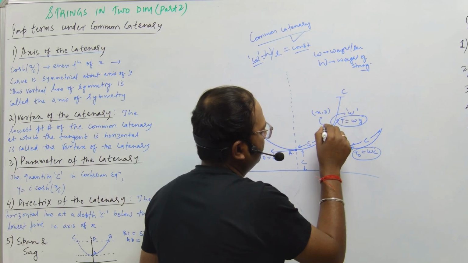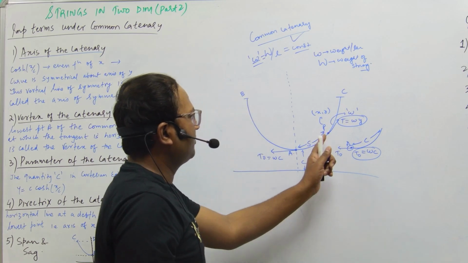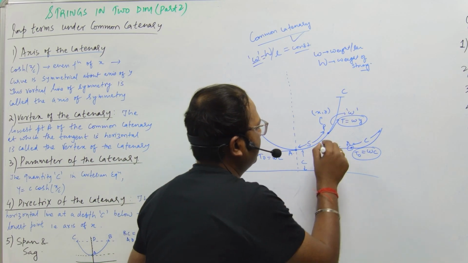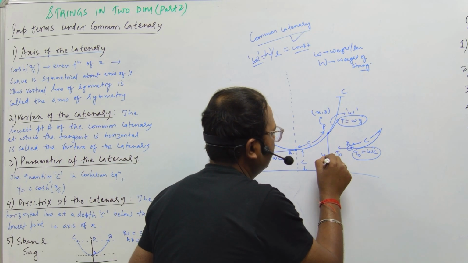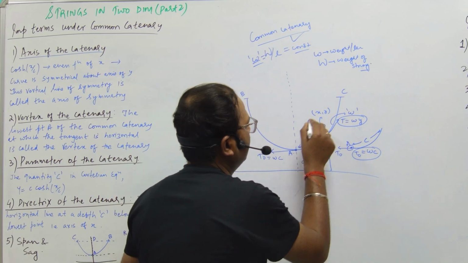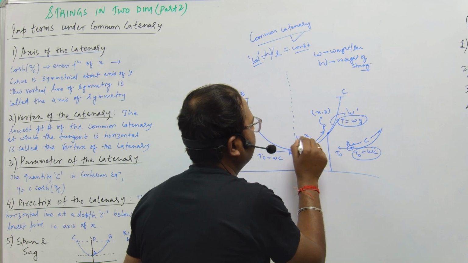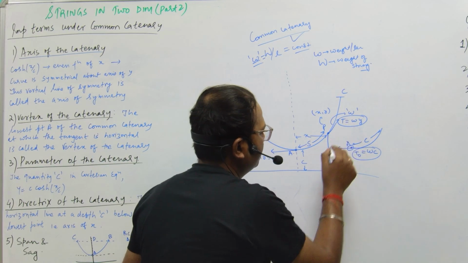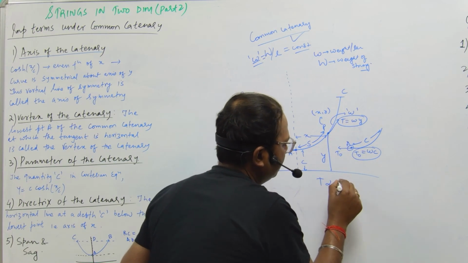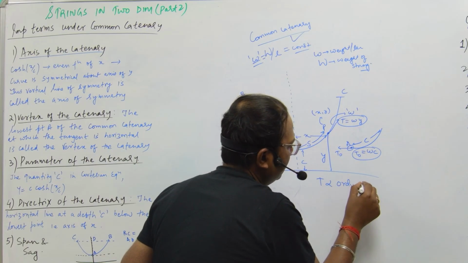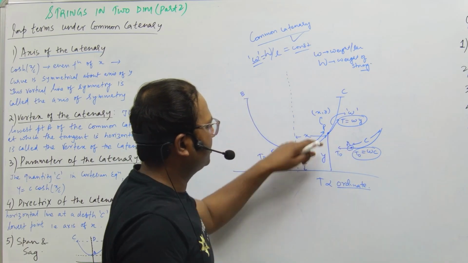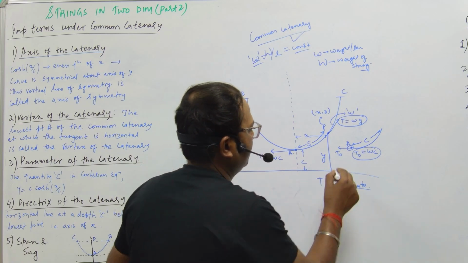The distance of point P from the directrix is y, and the distance of point P from the axis of the catenary is x. So T is proportional to the ordinate, that is, the distance of this point from the directrix. This is the directrix.